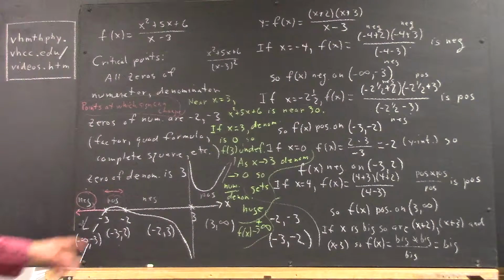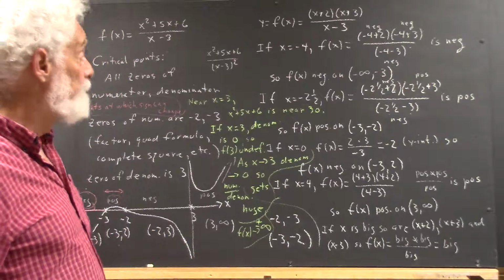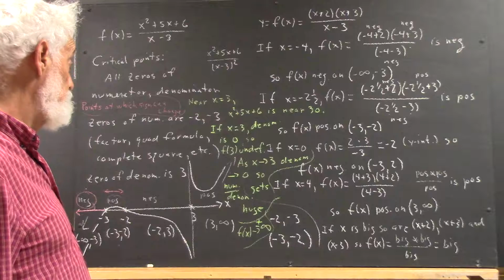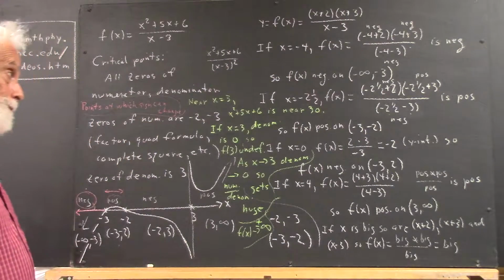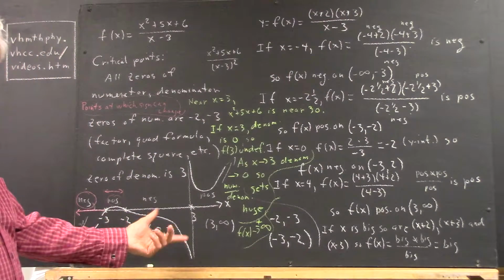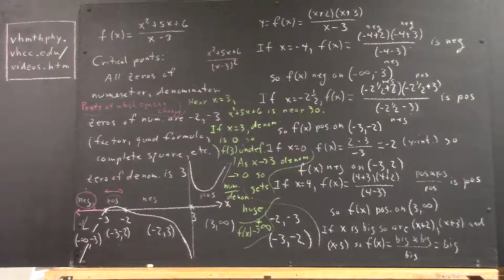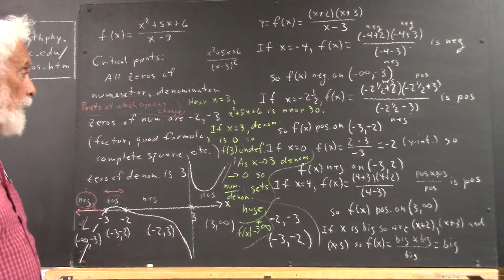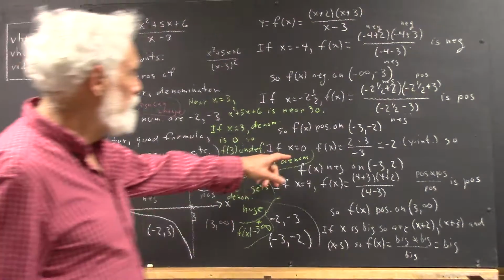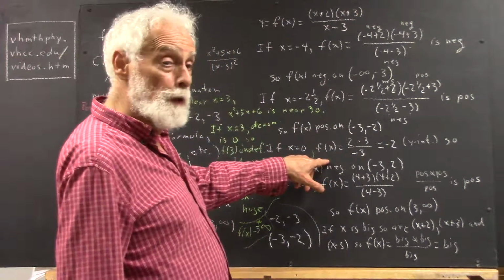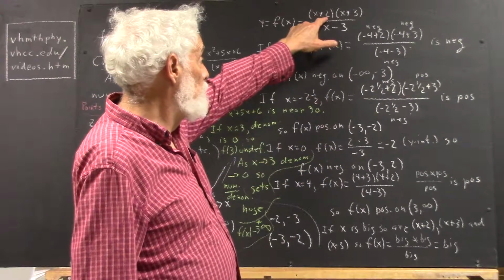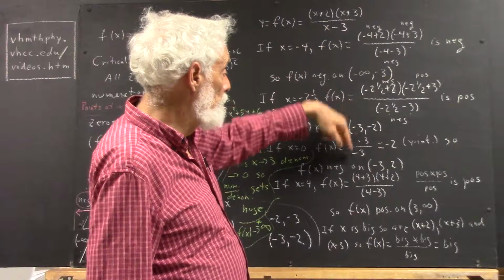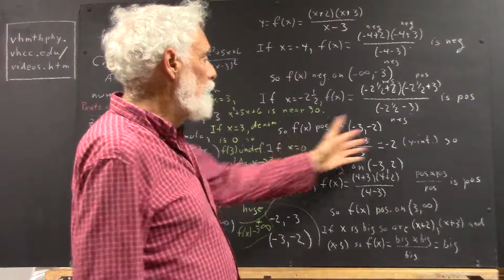Then between negative 2 and 3. The easiest number we can use between negative 2 and 3 is 0. If x equals 0, f of x is what? Well, 0 plus 2 is 2, 0 plus 3 is 3, and 0 minus 3 is negative 3. So we can actually calculate that.